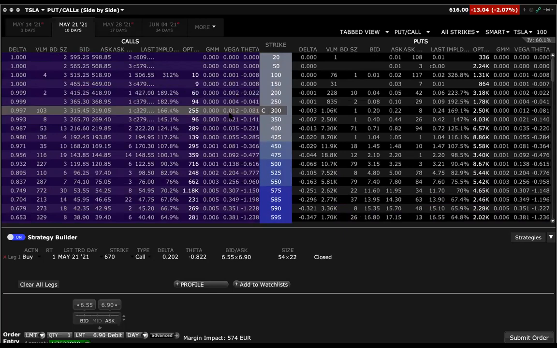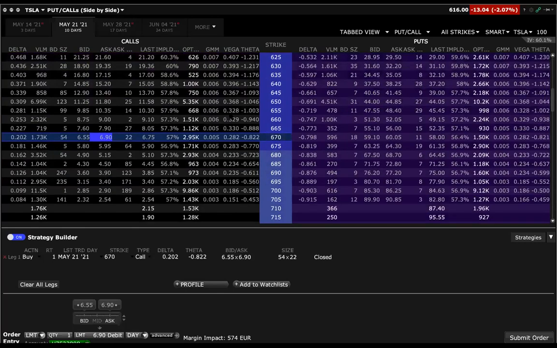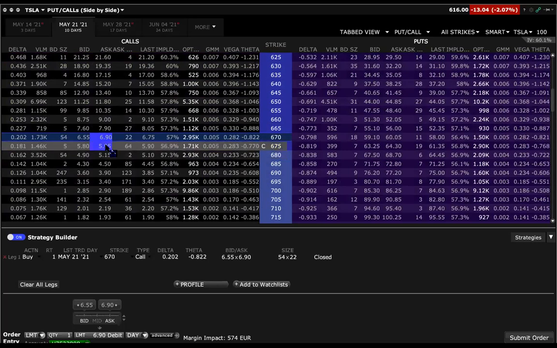This gamma is so important because if the gamma is high, it means that the delta is likely to change very fast. So take the situation where we are sure the stock goes, for example, tomorrow from 616 to 650. Of course, we buy a call.